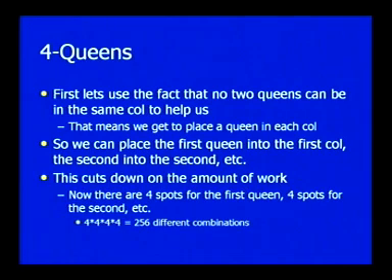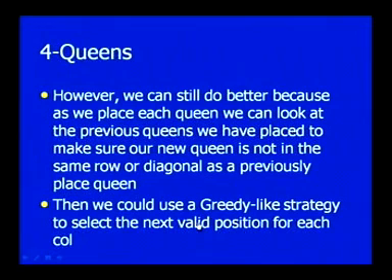Now we formulate an algorithm: place your first queen into the first column, second into the second. Naturally by doing this we are reducing the amount of work. Now only 4 spots are available for the first queen, 4 spots for the second queen, like that. So if you do like that, then suddenly you have only 256 different combinations that you need to bother about.